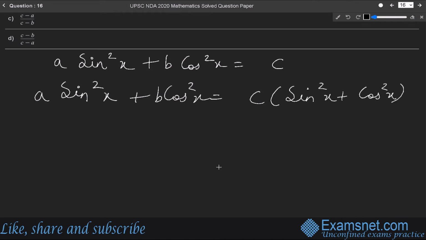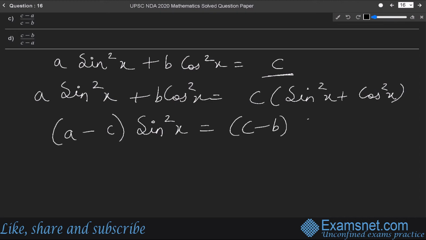I can write it here because we know that the value of sin square x plus cos square x is 1, so it is equal to c only. So further solving, we can get a minus c into sin square x is equal to c minus b into cos square x. What we have done is we have separated sin square x on the left hand side and cos square x on the right hand side.